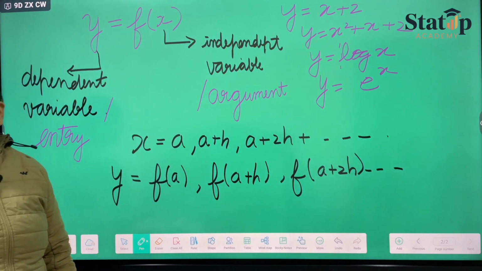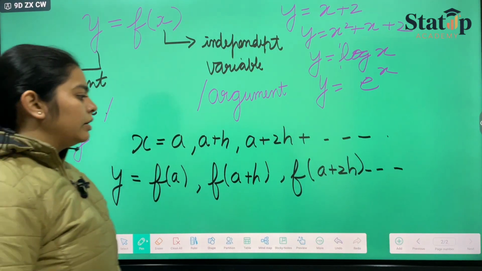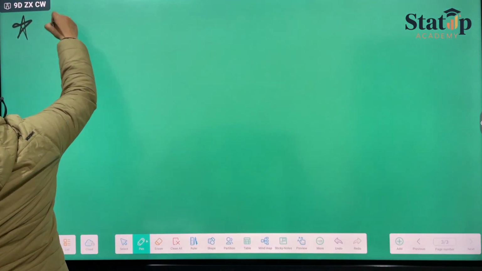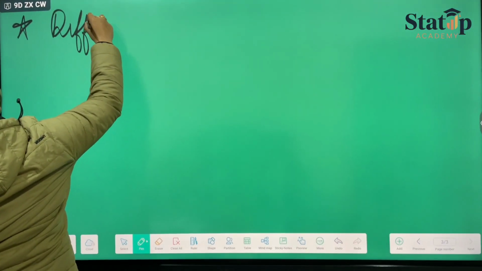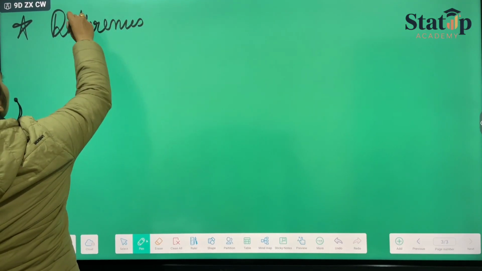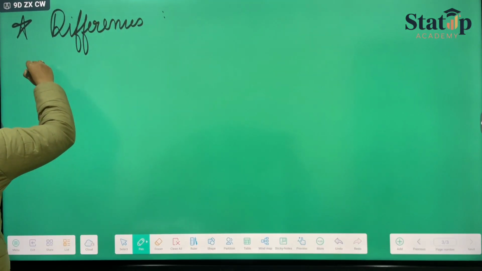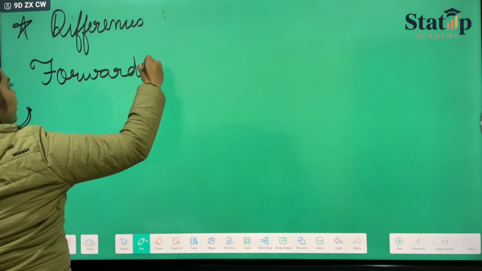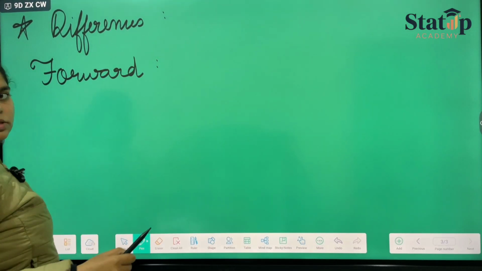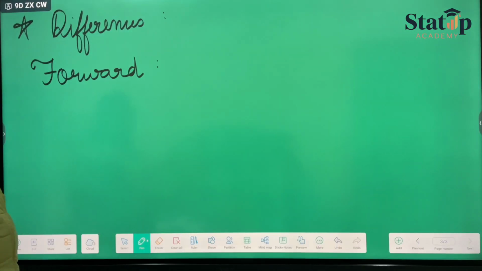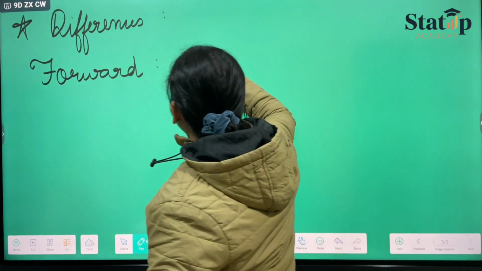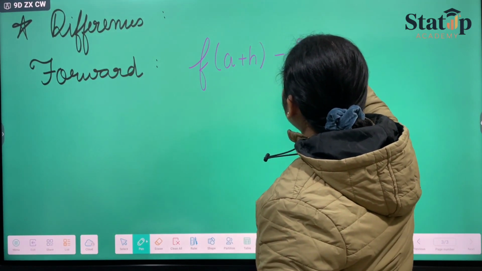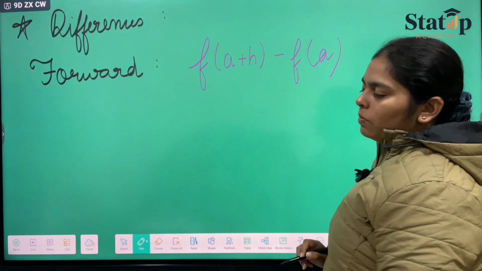Okay. Now we'll be moving on to differences. What are differences? There are two kinds of differences, forward and backward. So we'll be starting with forward differences. Forward difference is when I subtract f of a plus h minus fa; this will be my forward difference.